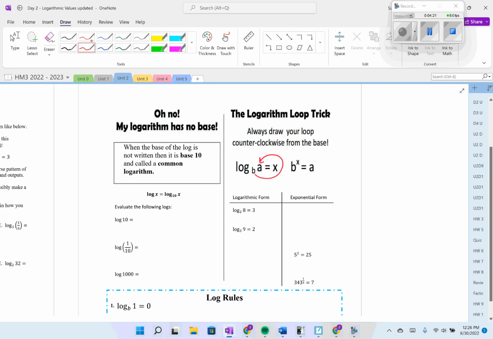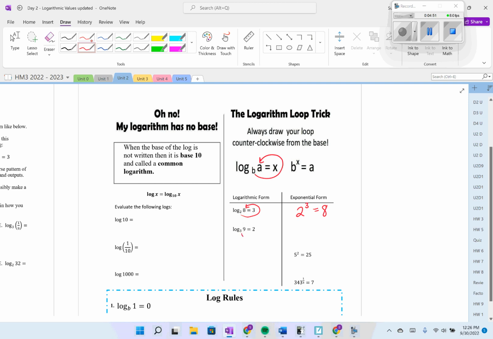The base stays the base, the x becomes the exponent, and a is the answer. So if I want to go from logarithmic form, log base 2 of 8 equals 3, using the loop trick, in exponential form the base stays the base, so this would be 2. The answer to the log is an exponent, so 2 to the third equals 8. That would be the new form.